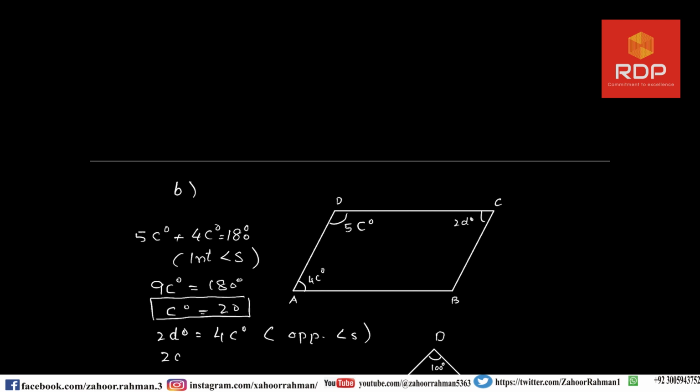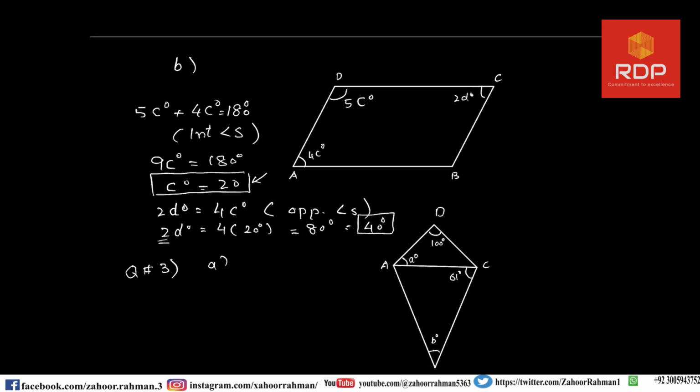Now 2D degree, and we found C to be 20 degree in this case. So we inserted that value, and that will be equal to 80 degree. So we are getting D to be 40 degree, dividing both sides by this 2. So we are getting this.